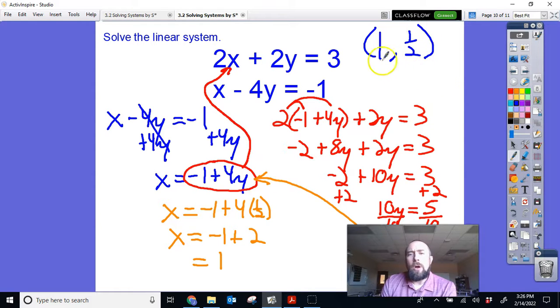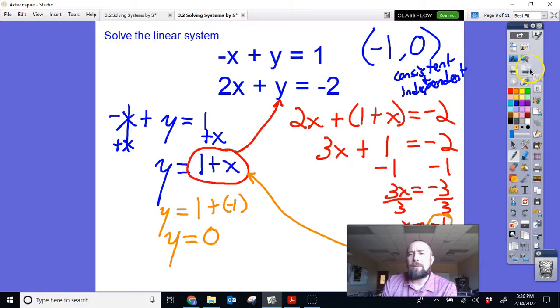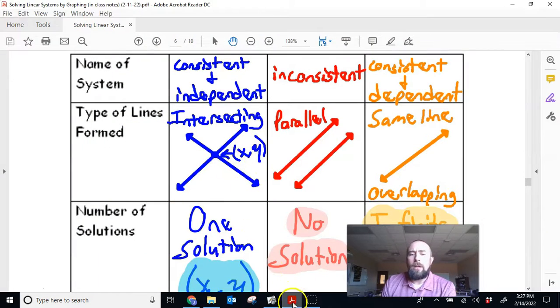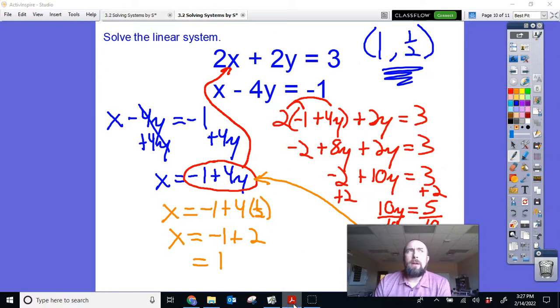I want you to do a little thought experiment here. This is the same thing that we got over here, same kind of answer, consistent and independent, means it's going to intersect at one point. I think you'll think through this appropriately if you realize that a lot of problems that we do are going to have an answer. We're not going to have a bunch of infinite solutions and no solution problems anyways. But also think about the fact that because this is an uglier answer, 1 and 1/2, this is the reason we learn something other than graphing.